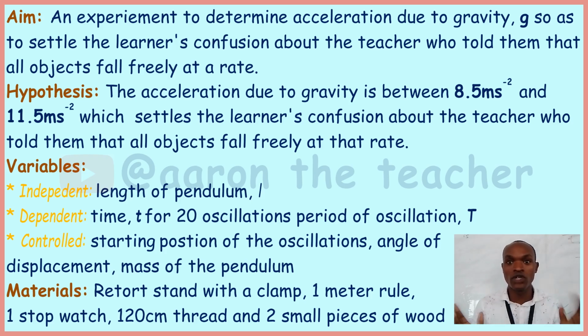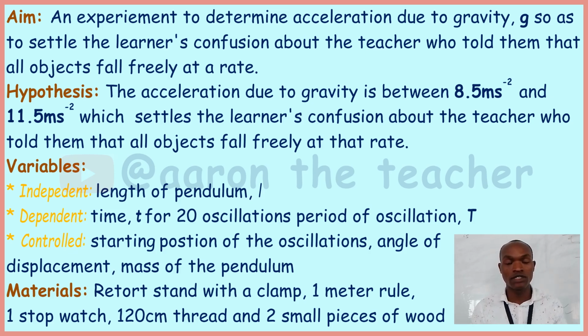So you realize we are connecting the aim to the purpose: our aim is to get the acceleration, and after getting it, of what use is it? We are going to use it to advise the learners who are confused. So you join the purpose to the aim, and that's how you get a concrete aim for your experiment.